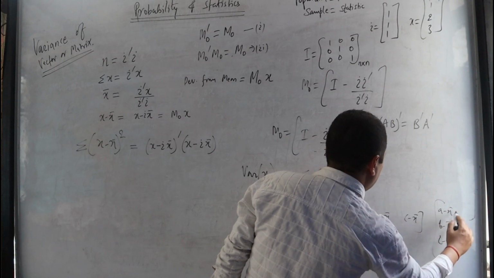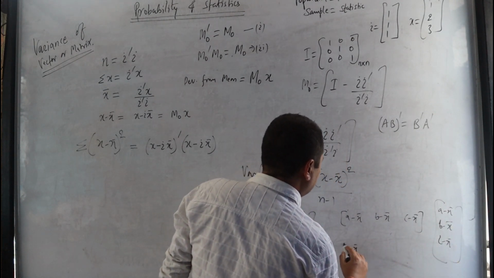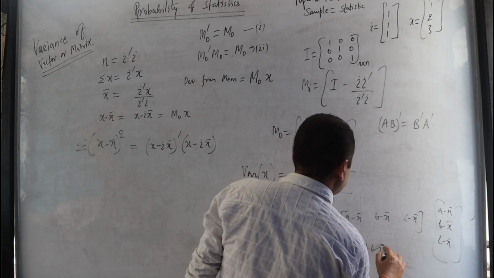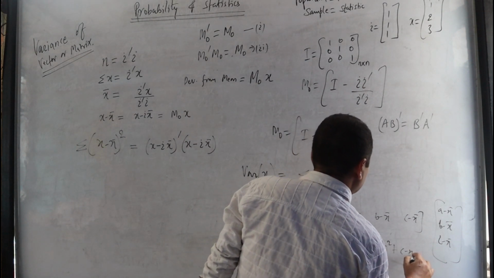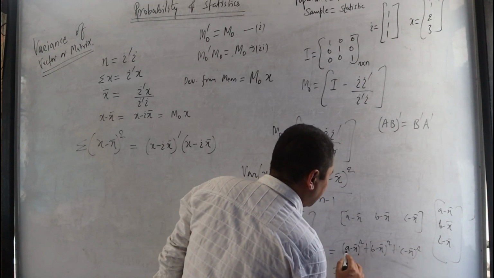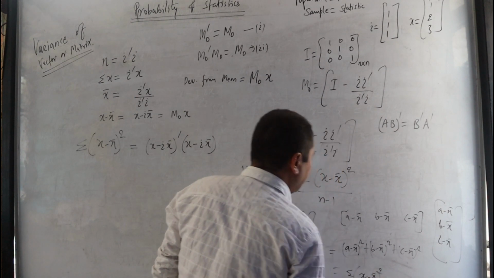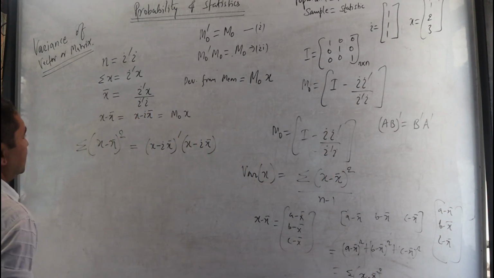The result is a minus x bar whole square plus b minus x bar whole square plus c minus x bar whole square. This is equivalent to the summation of x i minus x bar whole square over the observations of x. So we use this.